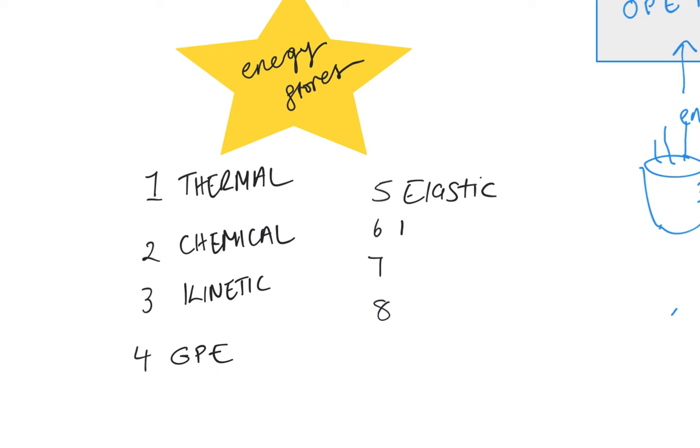Now, number 6, let's think about nuclear energy. And this is nuclear energy stored, not a nuclear energy resource, which is obviously something a little bit different that we're going to talk about later in this module. Nuclear energy is the energy stored within the nucleus of an atom, and we talk about it more when we talk about nuclear power, etc. Number 7, we can think about magnetic energy, the energy stored between different poles or like poles of a magnet.